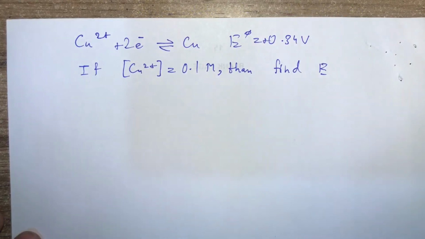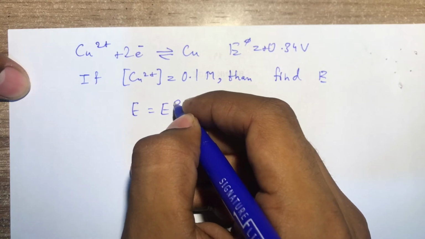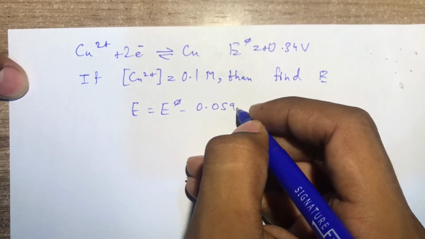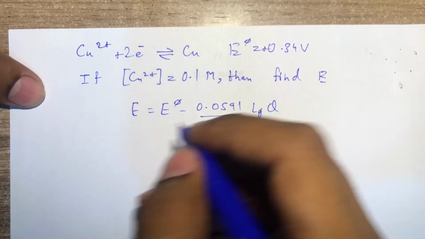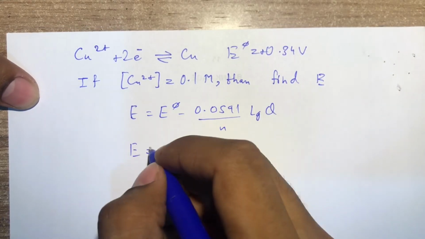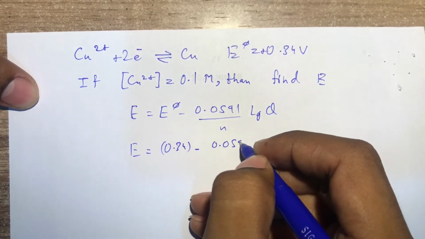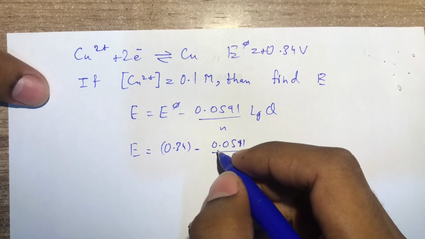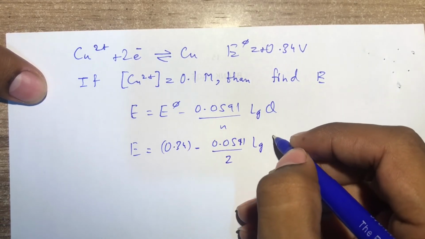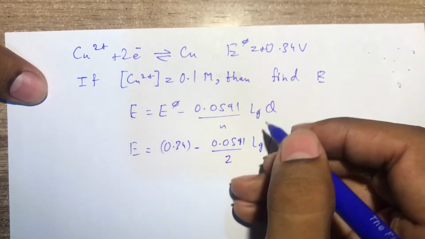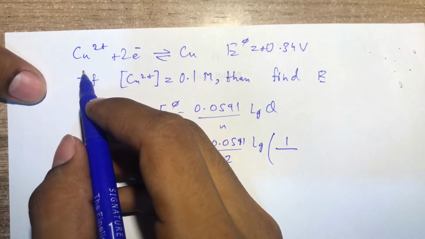Very basic question. So over here we'll use the formula E equals E naught minus 0.0591 upon n log Q. So E naught is given: 0.34 minus 0.0591 upon n, which will be 2 over here, and then log, so its product is a solid, so that will be 1 upon the reactant, copper 2+, which is aqueous.